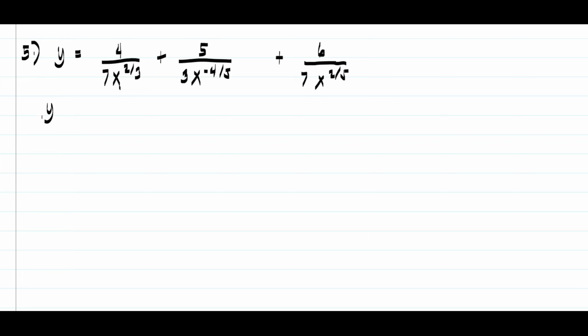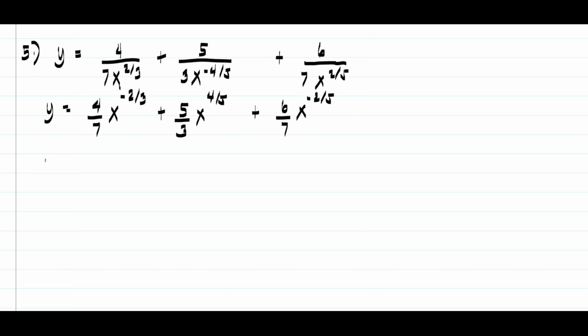So this is y equals 4 over 7 x raised to negative 2 over 3 plus 5 over 3 x, and since this is negative, it will give us positive 4 over 5, plus 6 over 7 x raised to negative 2 over 5.